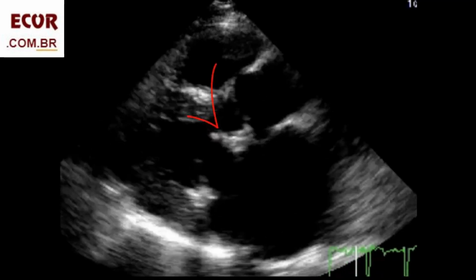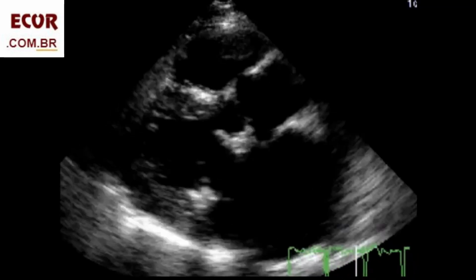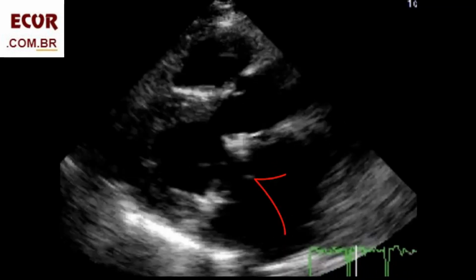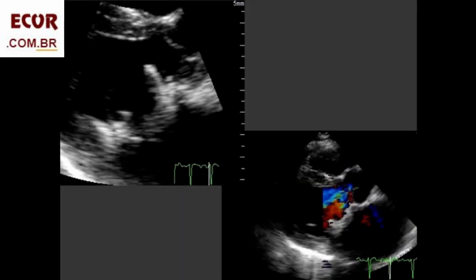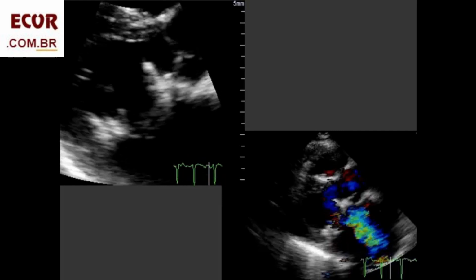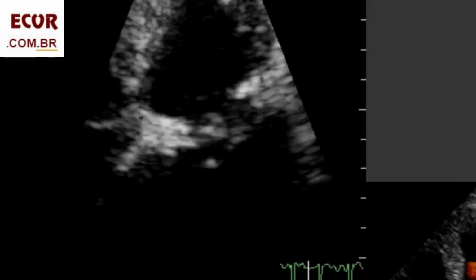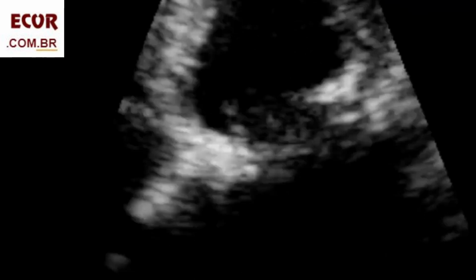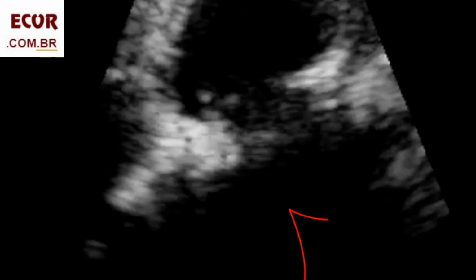We see part of the leaflet during diastole coming this way, and during systole going behind the ring into the left atrium. Same patient, the leaflet moves beyond the ring and there is the presence of a regurgitation. In this apical view, it's better evident the leaflet moving beyond the ring into LA.